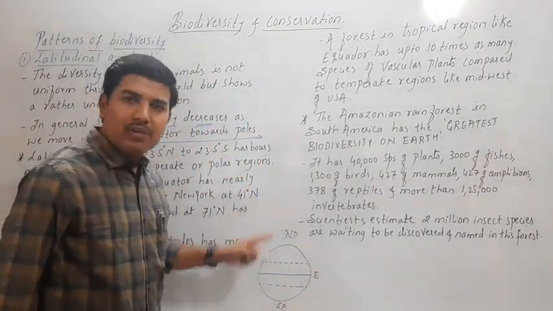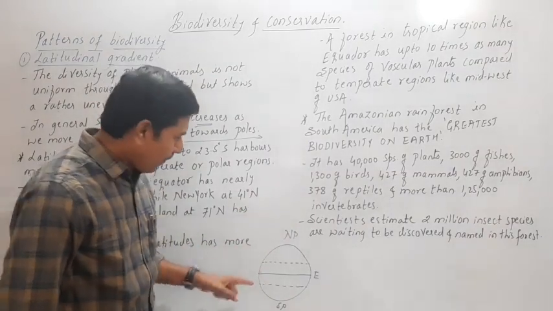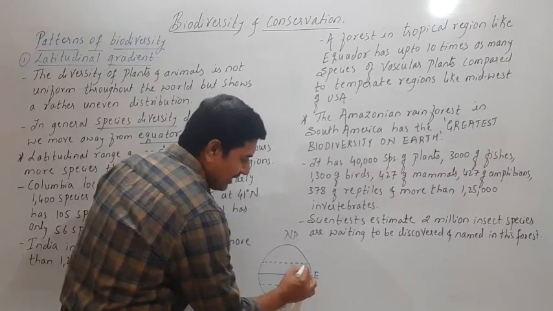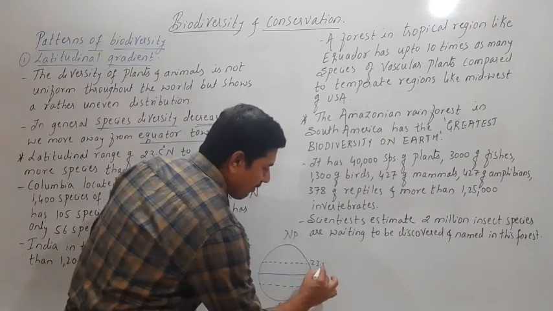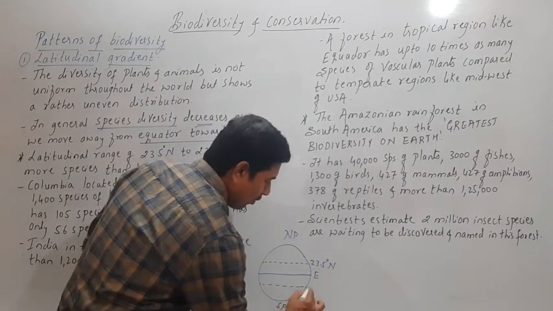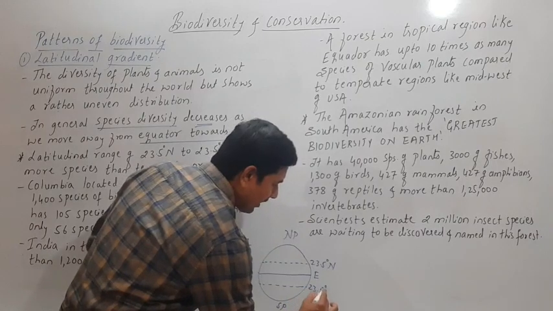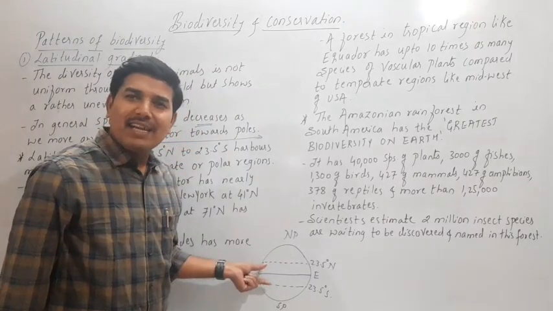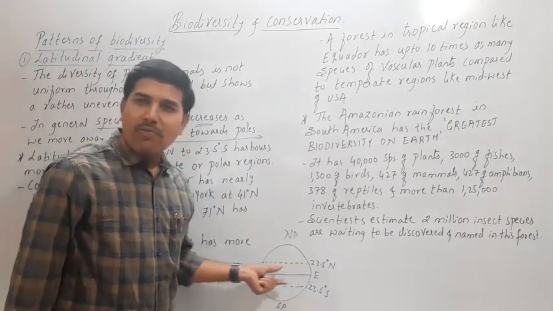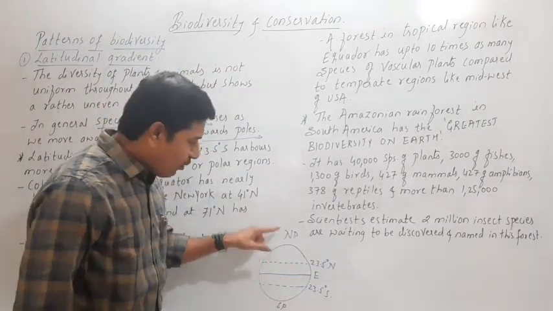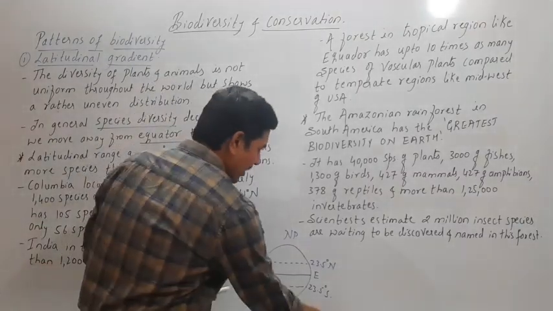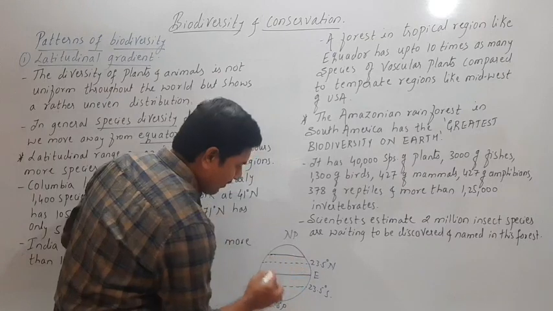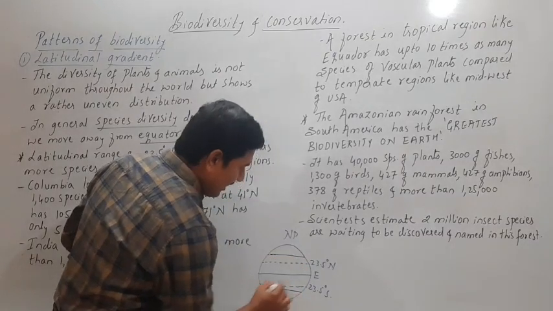We call both ends the polar regions. From the equator, this is 23.5 degree north, and the lower one 23.5 degree south. This region is said to be the tropical region. And above this, we can call this the temperate region.